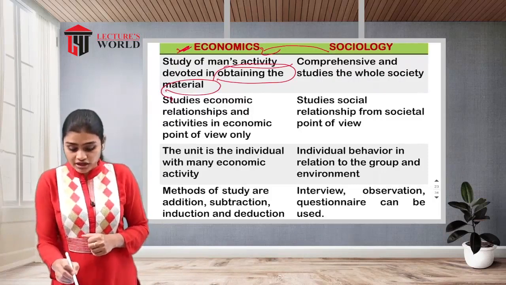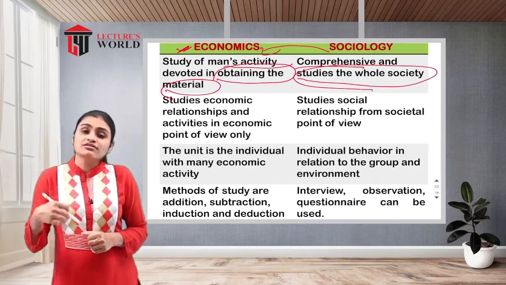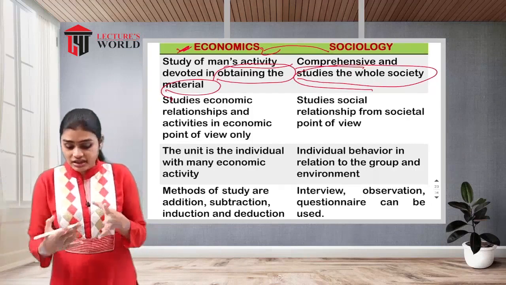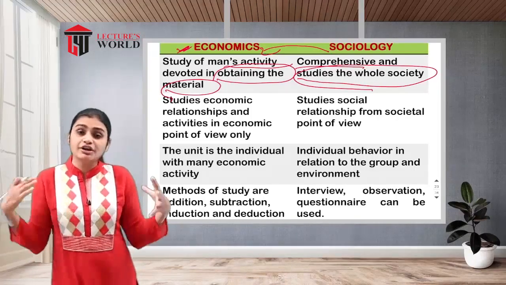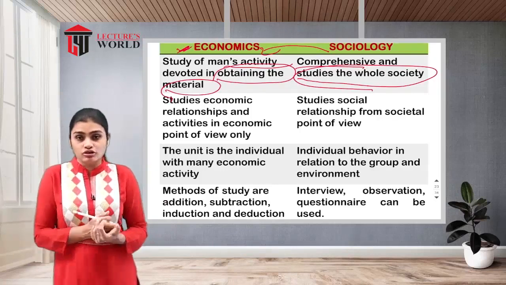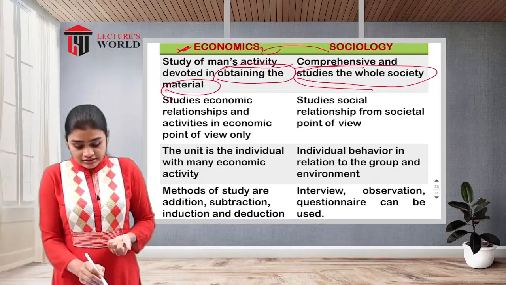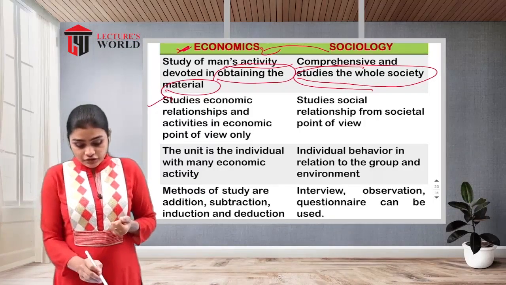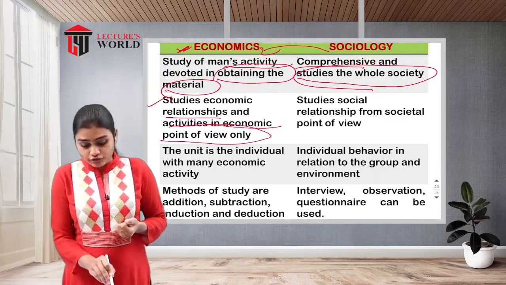And sociology is comprehensive and studies the whole society. Sociology is the wider aspect that studies the whole society, all the areas, not only the economics. Another thing is that economics studies economic relationships and activities from an economic point of view only.